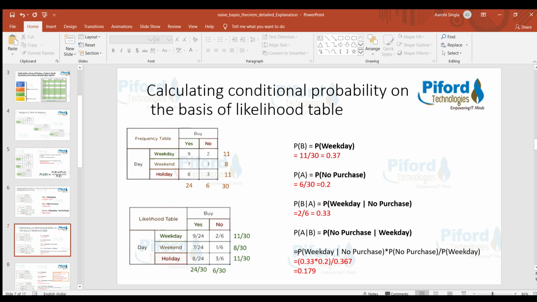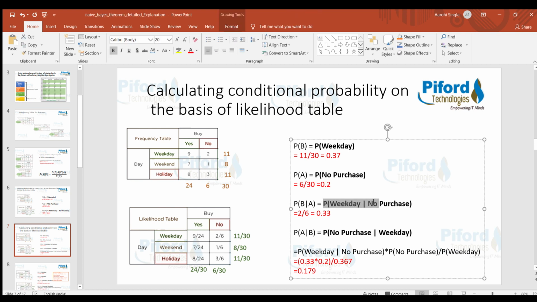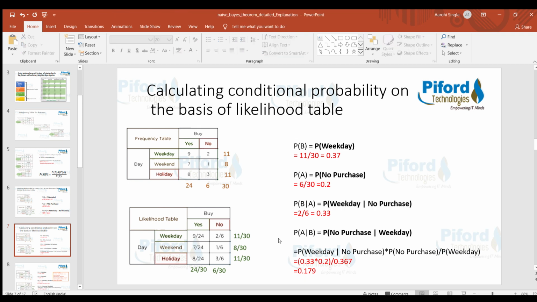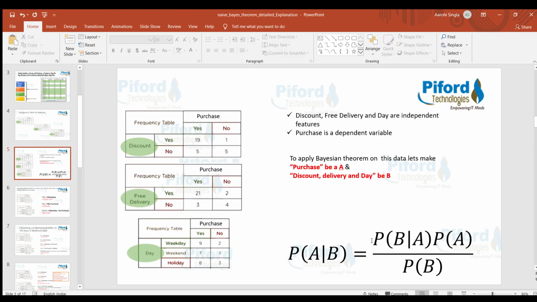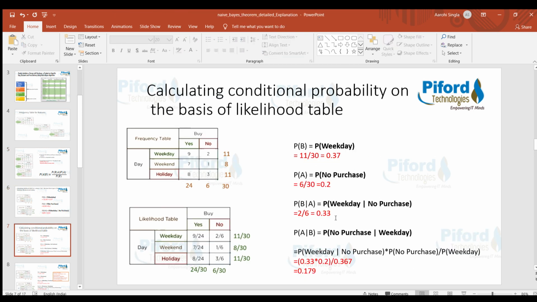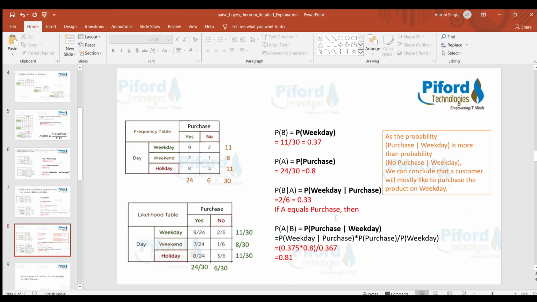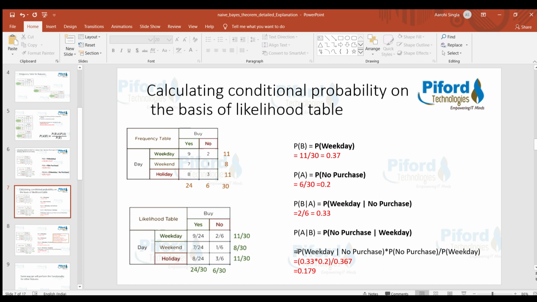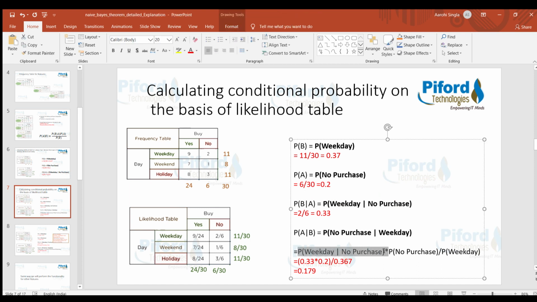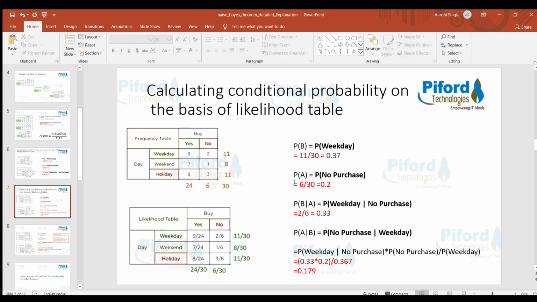So the formula is probability of B given A. Probability of B given A, this is the data over here. As per the formula, probability of B given A. So over here, this is what I've done. Probability of B given A into probability of A, and what is A in our case?